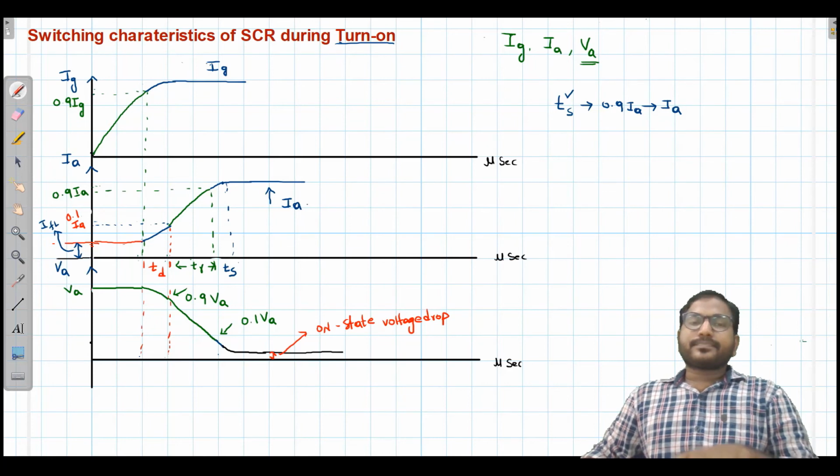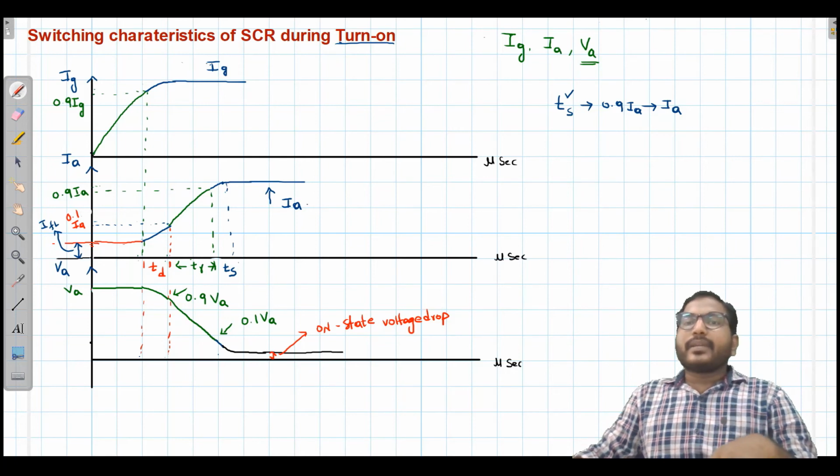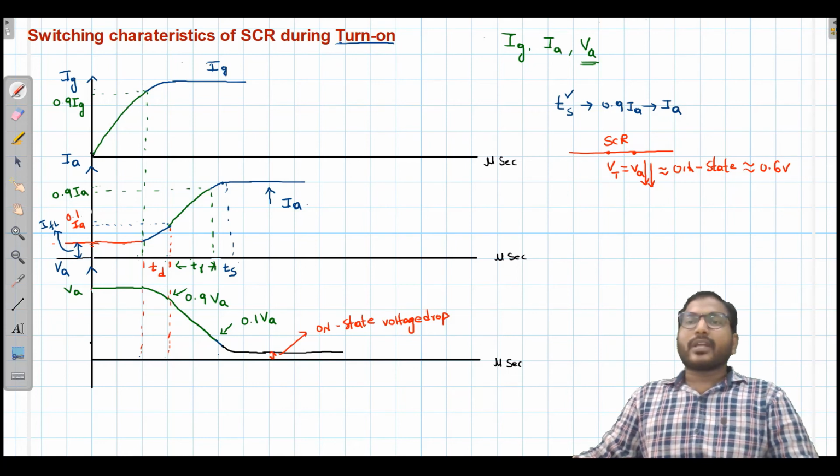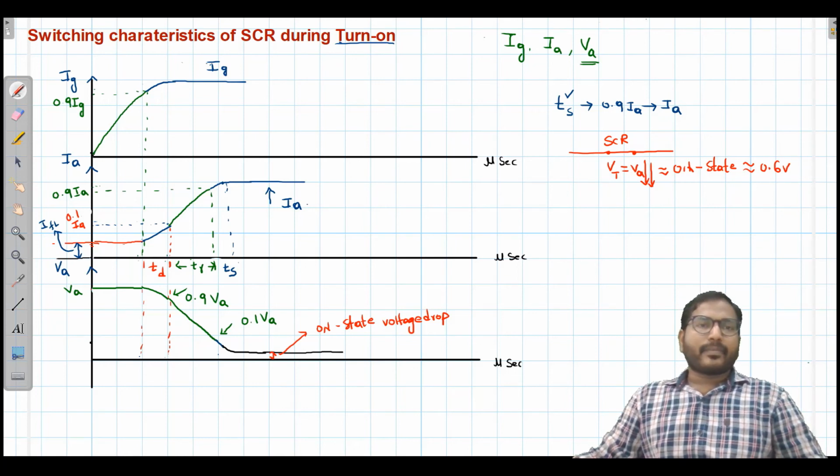When SCR reaches its complete conduction, SCR simply acts as a short circuit line. The voltage drop, initially VA, will completely decrease and it maintains a very small amount of voltage when it is conducting. That is called on state voltage drop, that is equal to about 0.6 volts depending upon the rating of SCR. Okay, right.